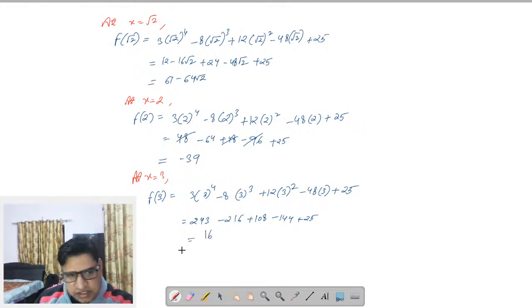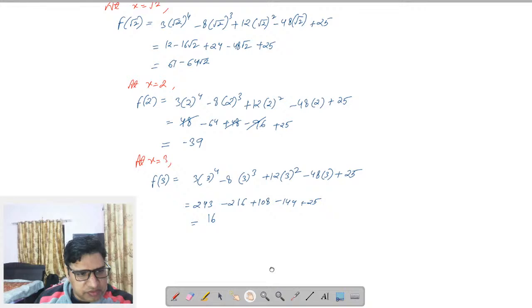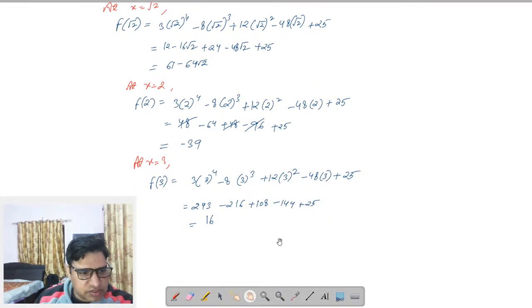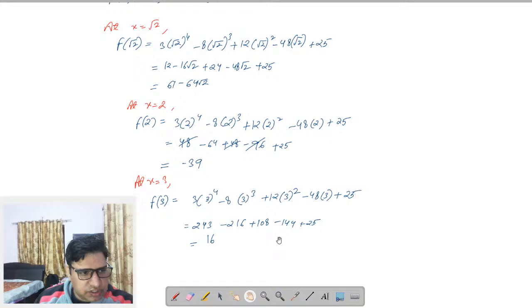So the absolute minimum value is minus 39. So as we can see here, the absolute minimum value is minus 39. Okay, so the absolute maximum value comes out to be 25.